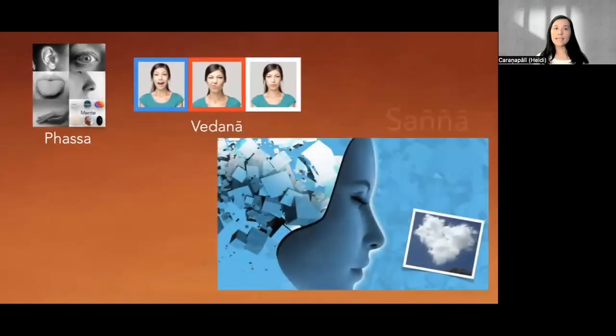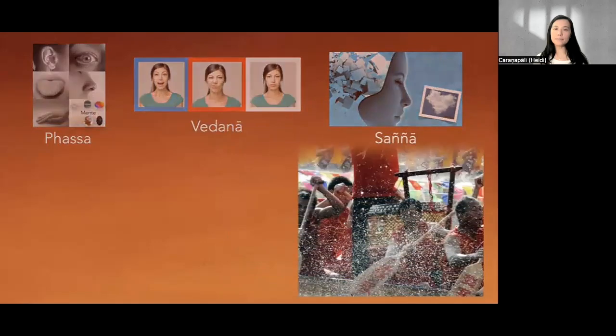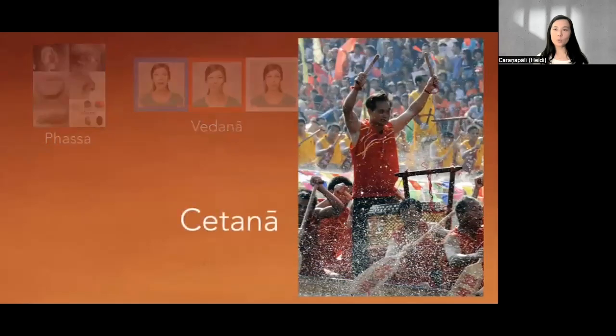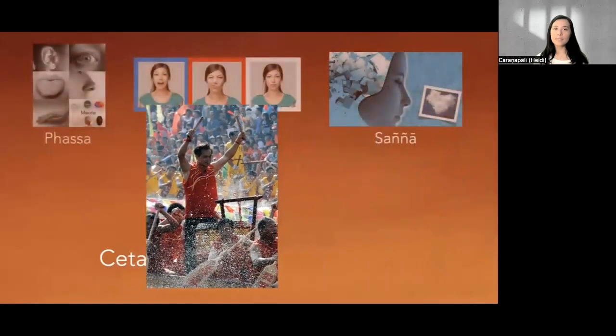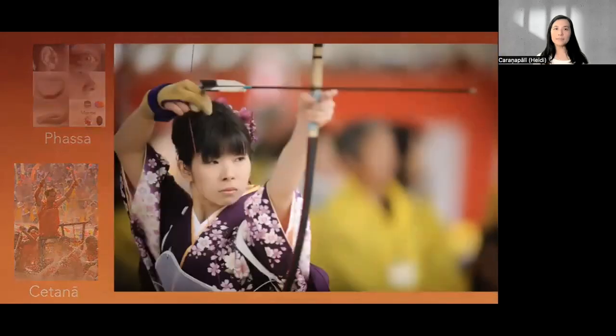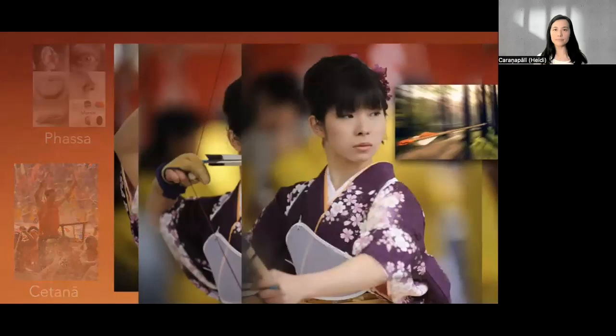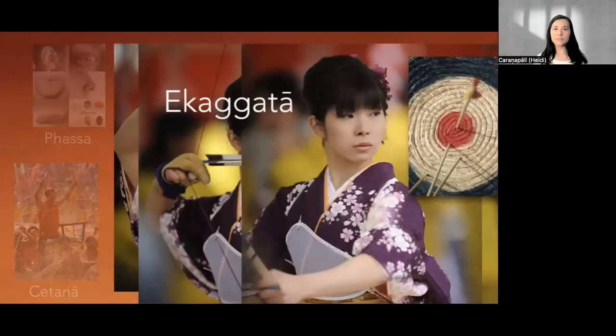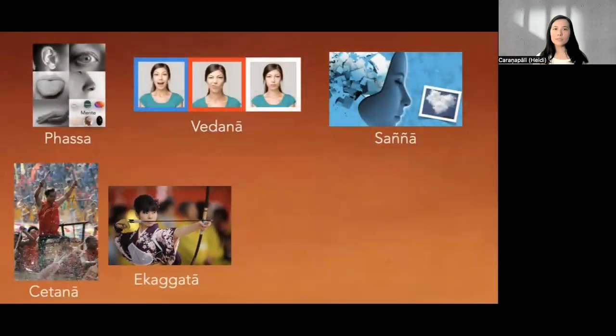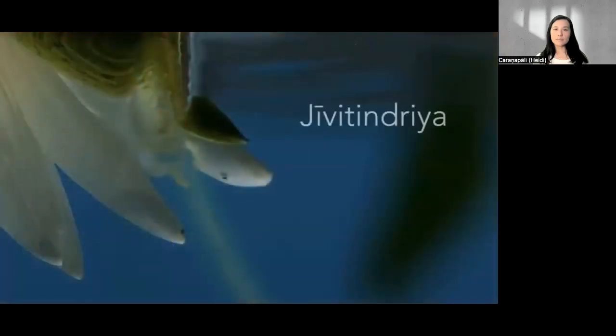Then we have sanya, perception. And then we have cetana, the motivation. And then we have ekaggata, one-pointedness. And the last one, jivitindriya.